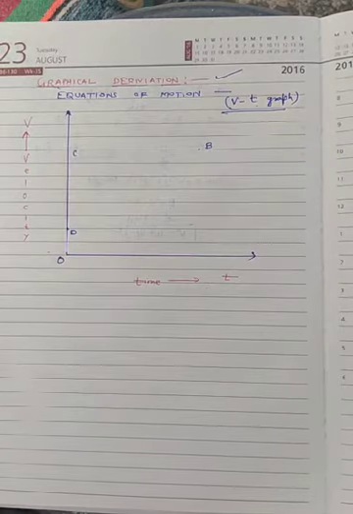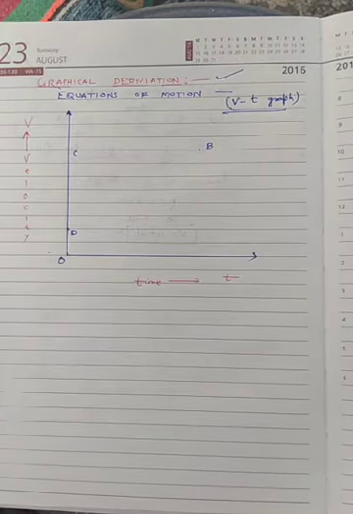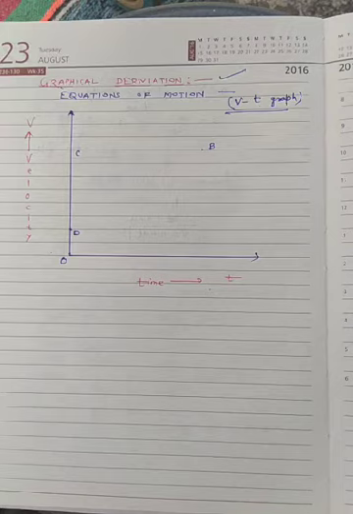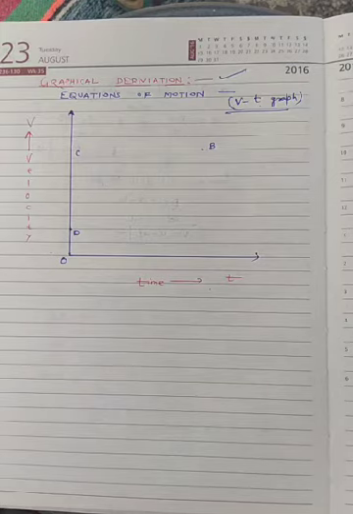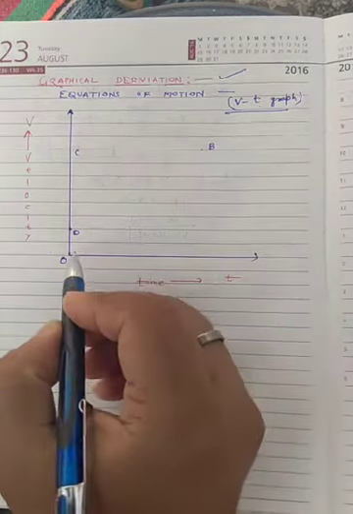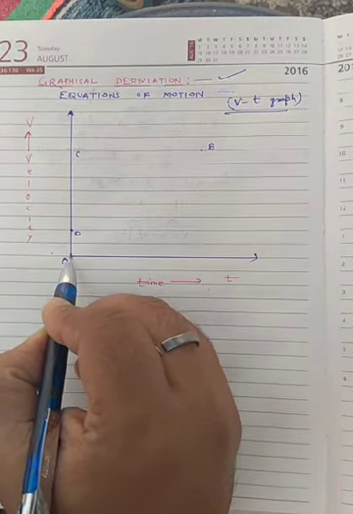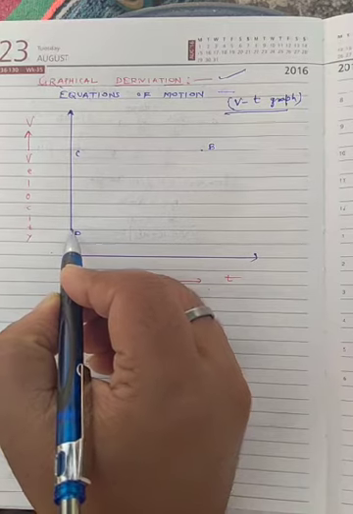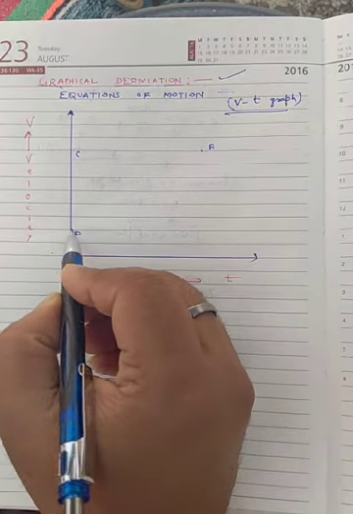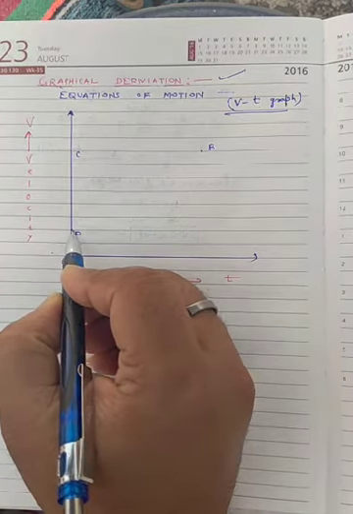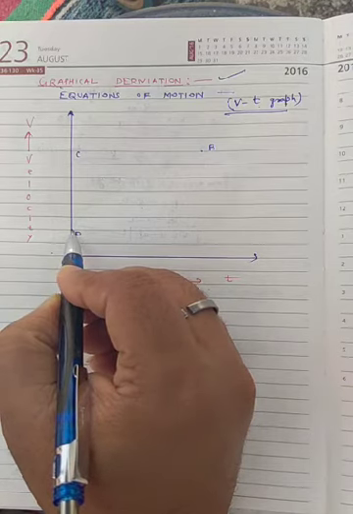Now, let an object be moving with uniform acceleration. How? Let us see. Here, this is the origin point. This point I have taken as D, from where the object will start moving.